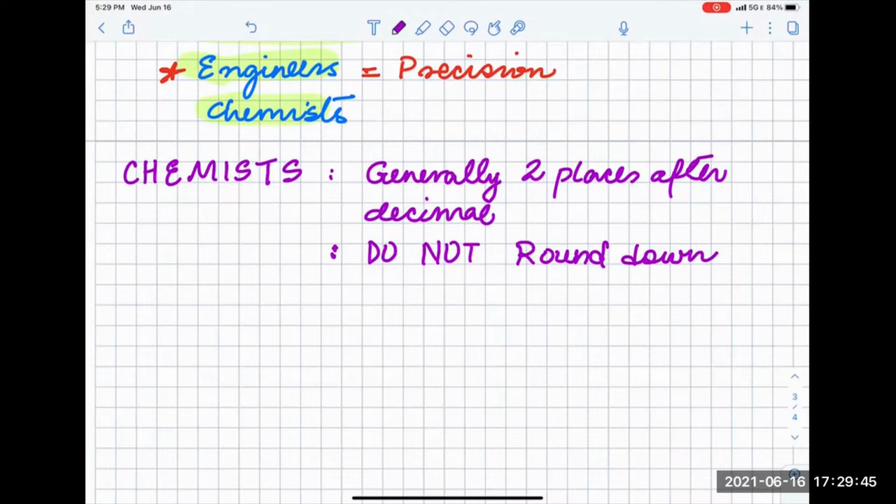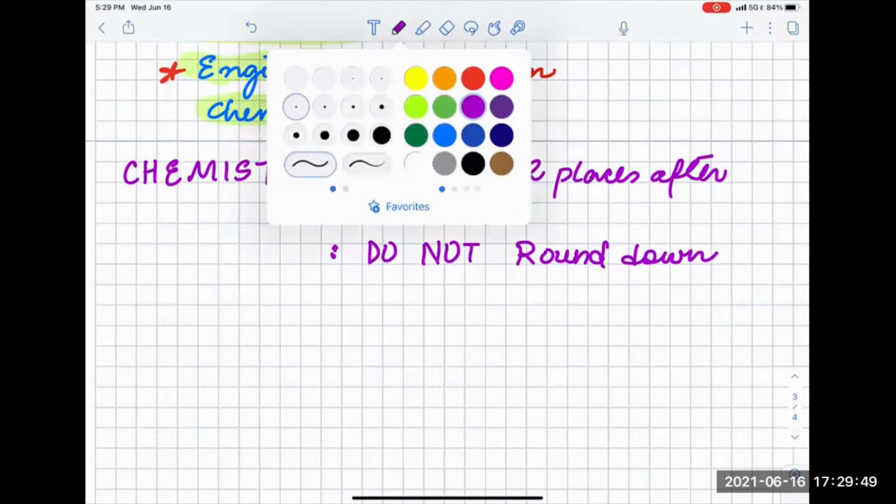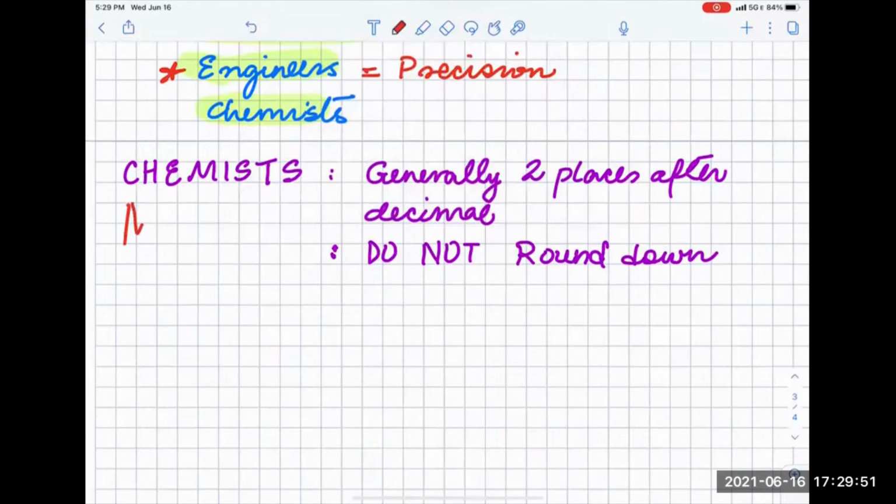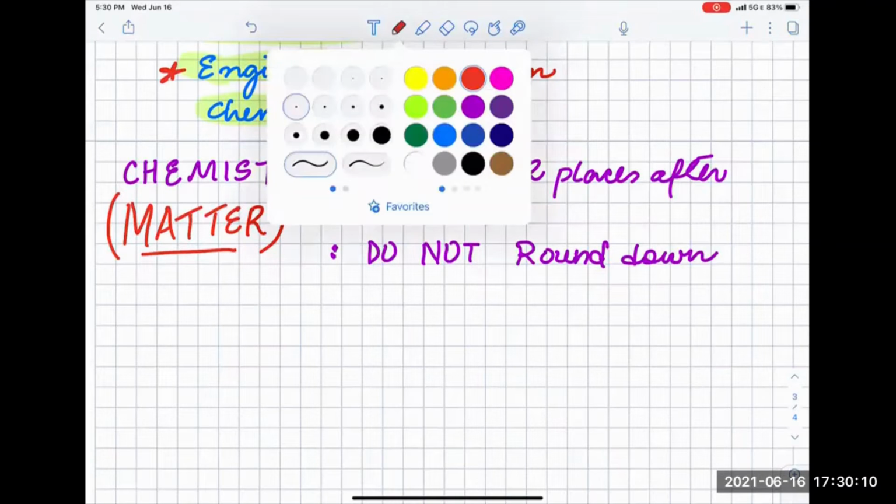But rounding down is when you make the number less. Here we are dealing with matter. If you cut down the numbers, that means you've reduced the matter, and that doesn't work. That's why I said two places after the decimal is acceptable. Three places is more precise, but commonly two places is used.